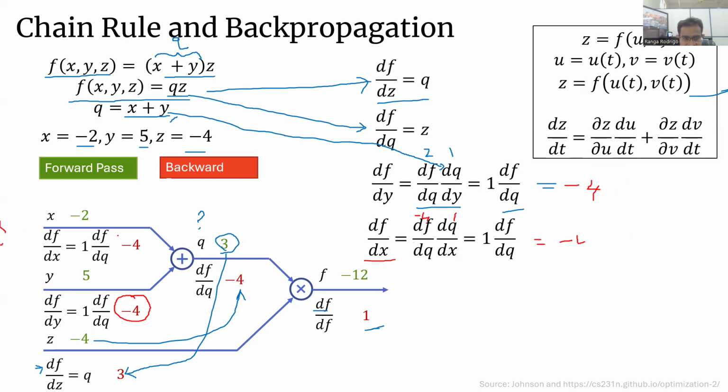So at once you see some pattern, right? Due to a plus sign, this gradient gets copied. Due to a multiplication sign, they sort of switch. 3 here, minus 4 there. So you can see that those patterns are there. This is the backpropagation with this very small graph with scalars.